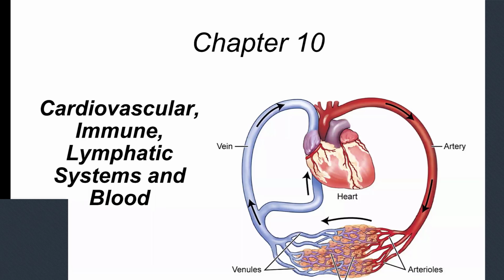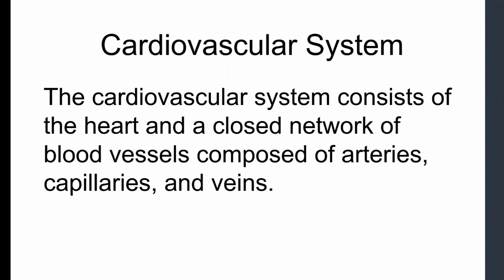So I'm starting on page 386 and just going over the function of the cardiovascular system. From a gross anatomy perspective, it's a closed system that is based off of hemodynamics, or basically blood pressure.